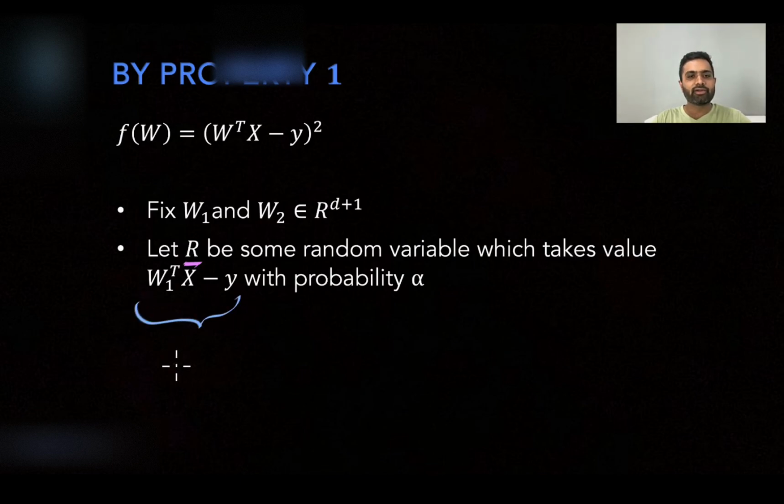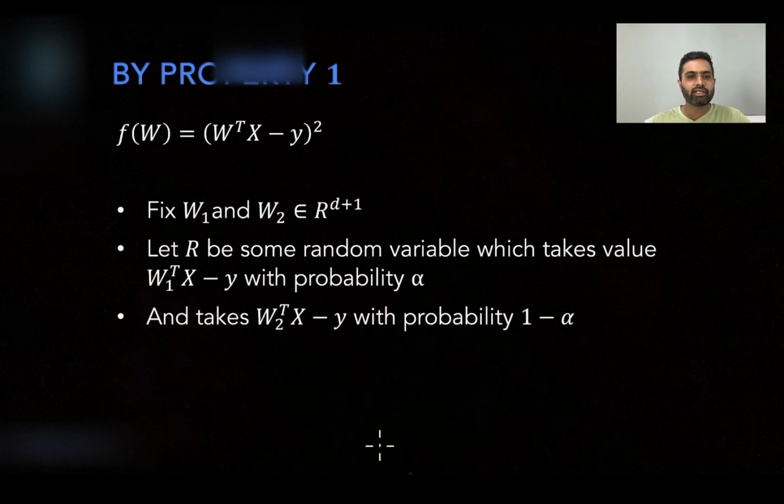Since w1 I have fixed, x is also fixed, and y is also fixed, this is some value in R. So I have defined a random variable which is taking some real value with the probability alpha. Similarly, this random variable is taking w2 transpose x minus y, another real value, with the probability 1 minus alpha. I can define a random variable like that, and I am calling this random variable r.